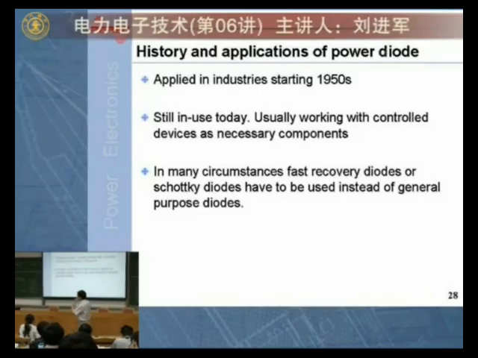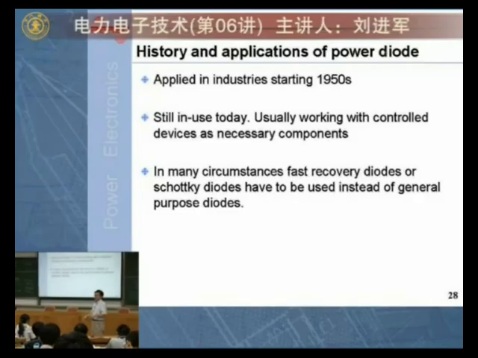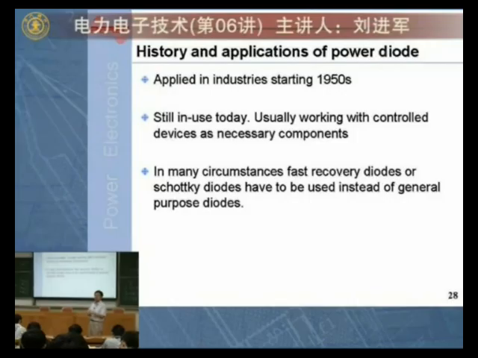But it is still in use. The reason is, in the following chapters when we talk about power converters, all different power converters, you will know you always need diodes. Even when you have thyristors, even when you have fully controllable devices in the circuit, you always need a diode to work together with all those controllable devices.